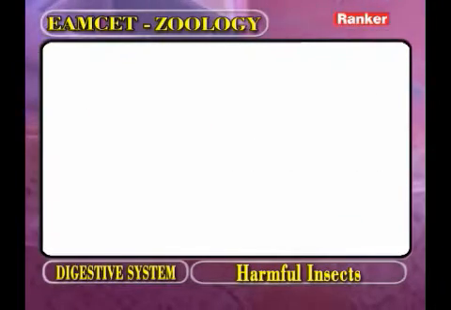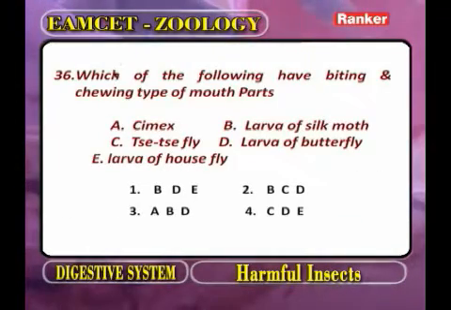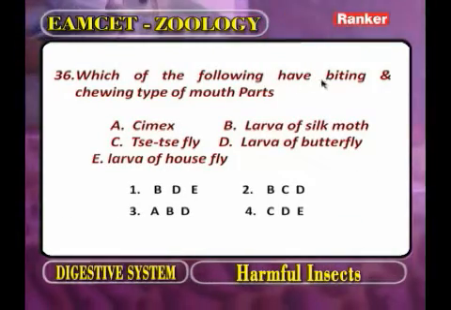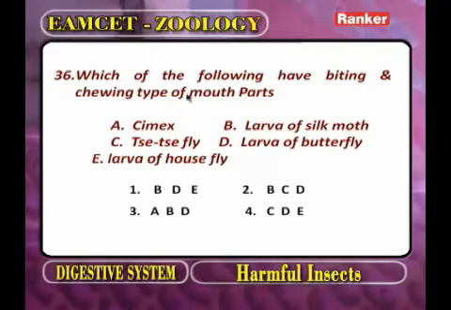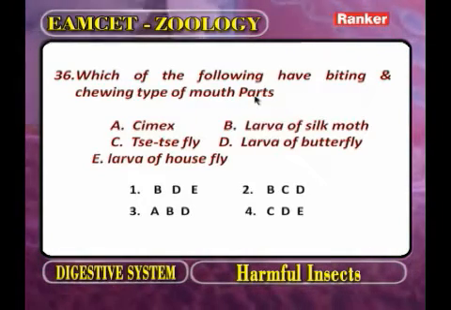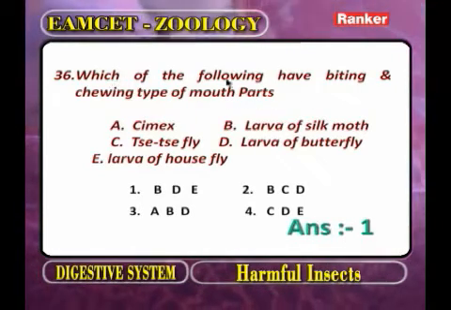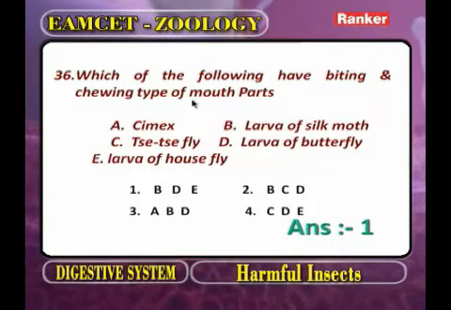Now what is the next question? Which of the following have biting and chewing type of mouth parts? Again repeating, which of the following have biting and chewing type of mouth parts?